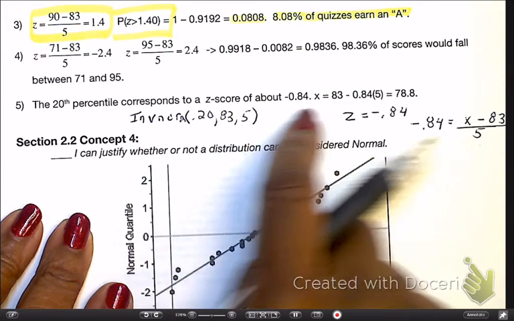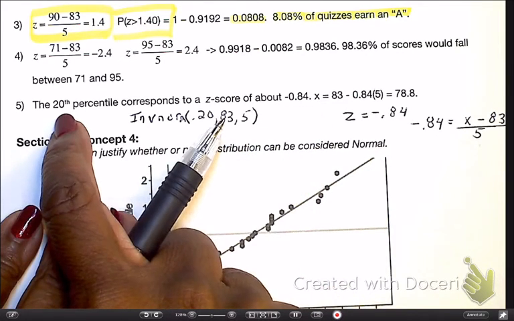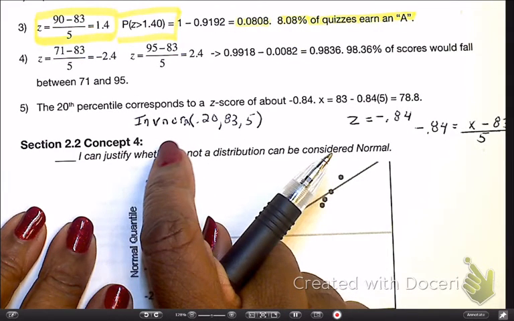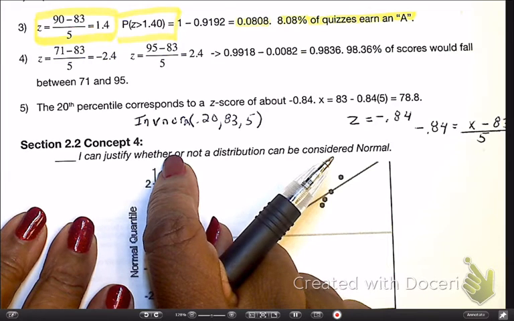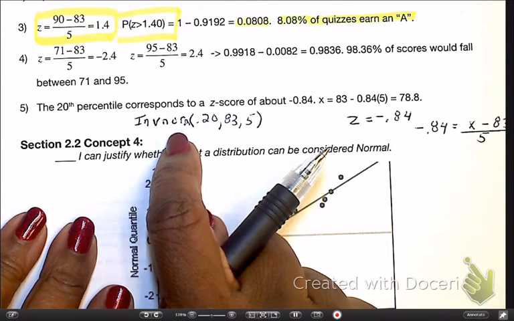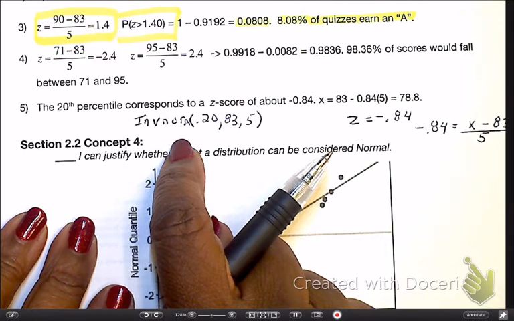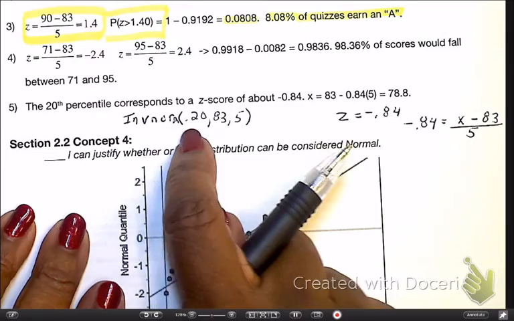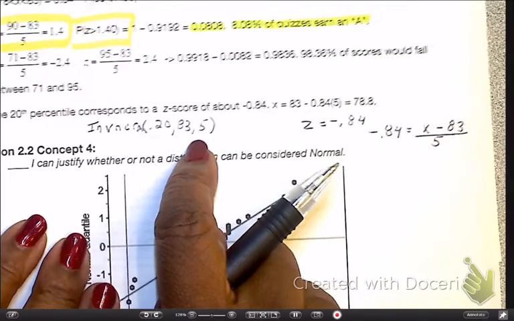So I've got the percent here, which is the 20th percentile, and if I have a percent, why should I look for a percent? Because that's what normal CDF does. Inverse norm is I don't have the value, I've got the percent, so I've got to work backwards on the inverse. So you can plug that in your calculator.